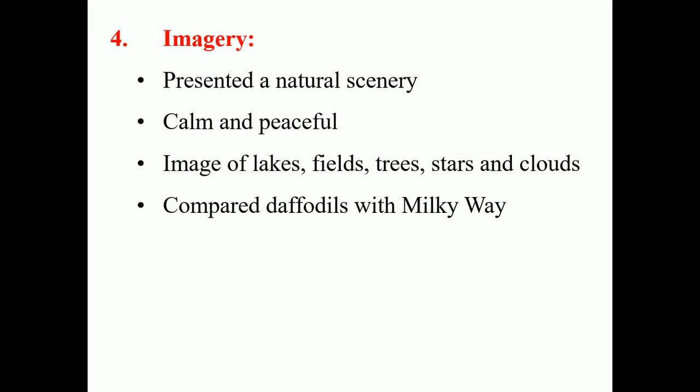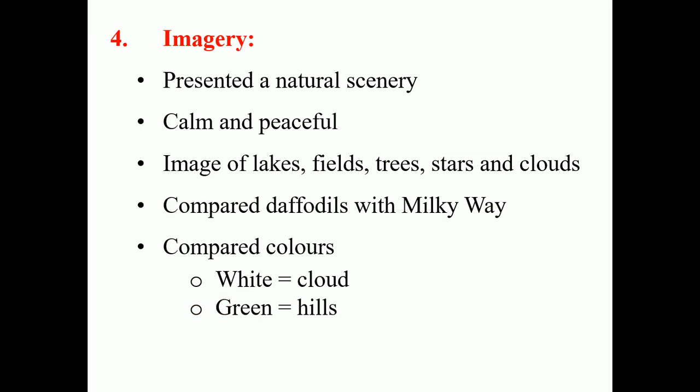So that's why it impressed him a lot, and he used different colors to give life to images like lake, fields, trees, stars, and clouds. See, white with cloud, then green with the hills, the next color, that is blue with the lake, and silver with the stars. Of course, when we look at the sky, we can see cloud, and what's the color of that? Of course, it's white.